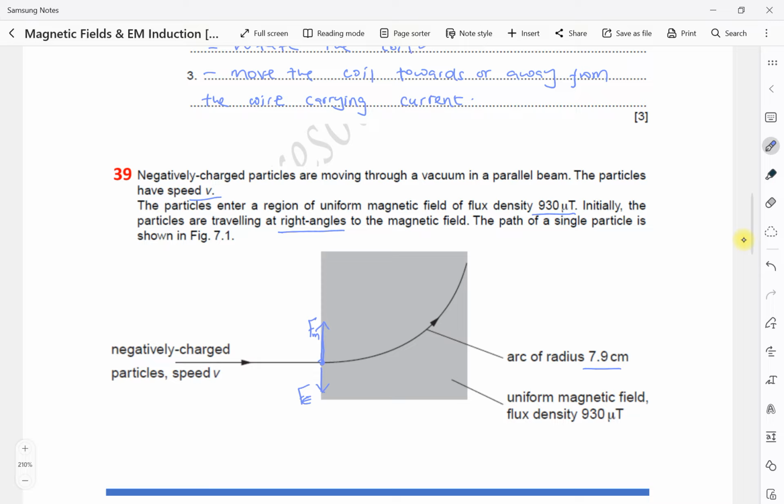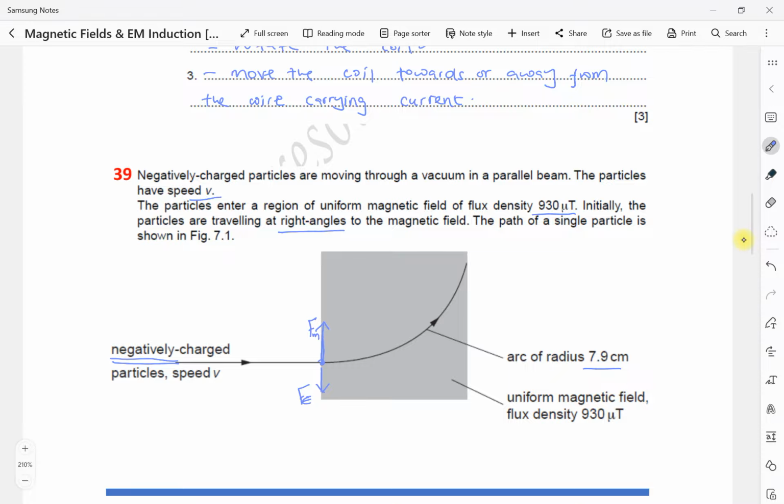And we know that the direction of the electric force on a negatively charged particle is always opposite to the direction of the electric field. So since the electric force is downwards, then the electric field must be upwards because the particle is negative.